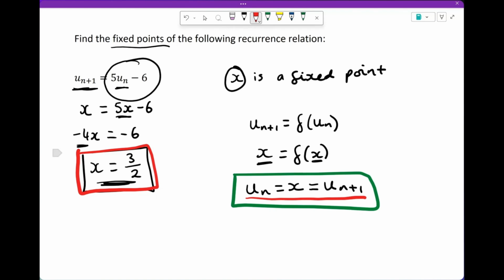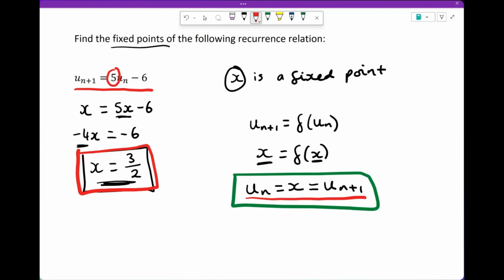The format of the one we're given here is very similar to the one we've looked at finding the limits of previously. And we know when we have this format, we look at the number multiplying un. If this number is between 1 and negative 1, then the limit will exist and therefore we'd approach our fixed point. Whereas if this number is outside of the range of 1 to negative 1, which is what we've got here with the 5, then it will not go towards a limit and therefore will not go towards our fixed point.